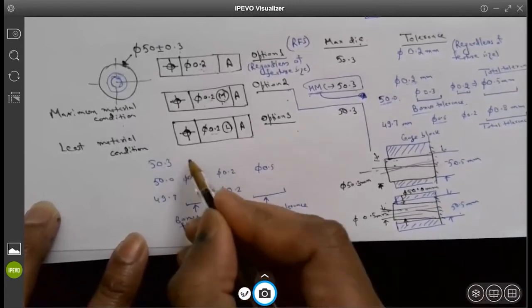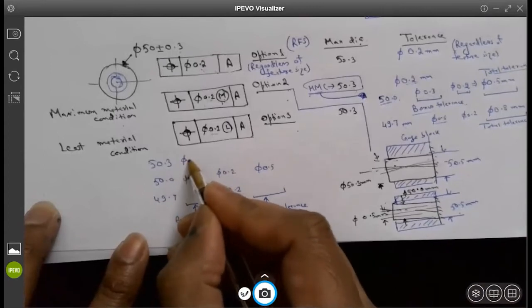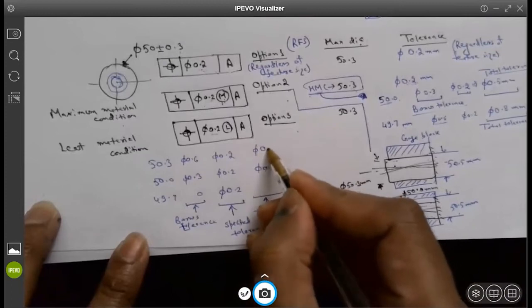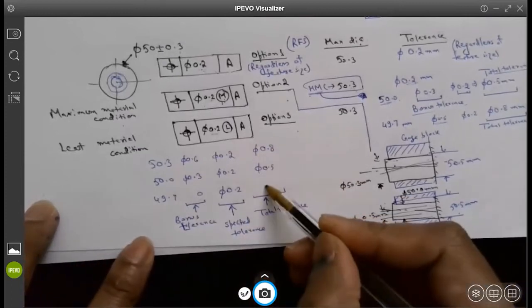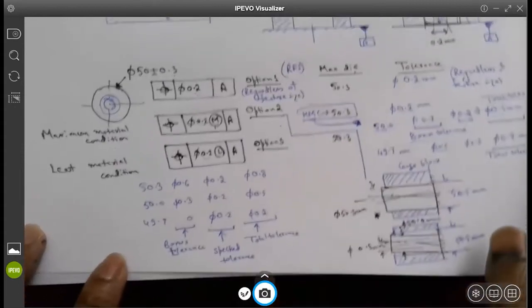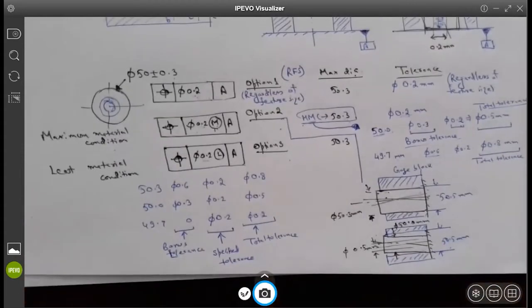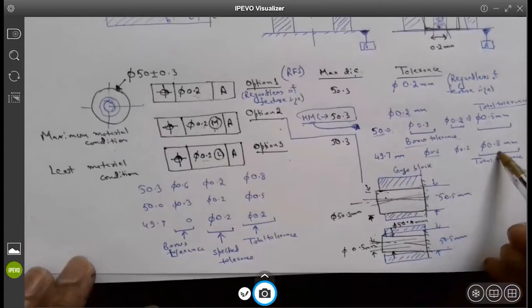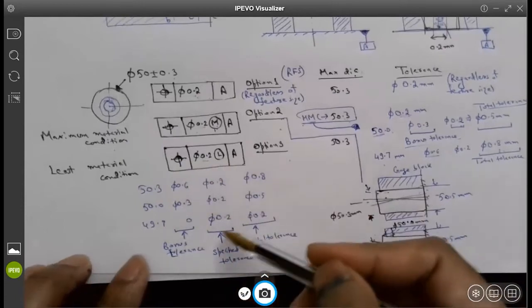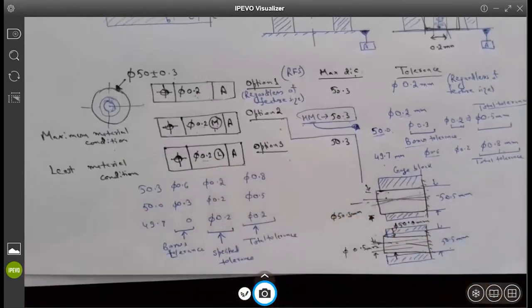And at 50.3, I'm offset by 0.6. It gets added to 0.2, and now the total tolerance will be 0.8. So it basically goes in the reverse fashion. So earlier I was getting 0.8 millimeter of offset for 49.7, but if I'm using LMC, then I am going in the reverse fashion.